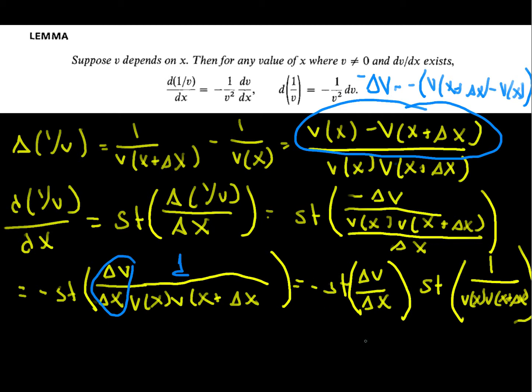Now, the standard part of delta v over delta x, that's just the derivative of v with respect to x. And now for the standard part of this here, v is a real valued function, so v of x is just a real number.